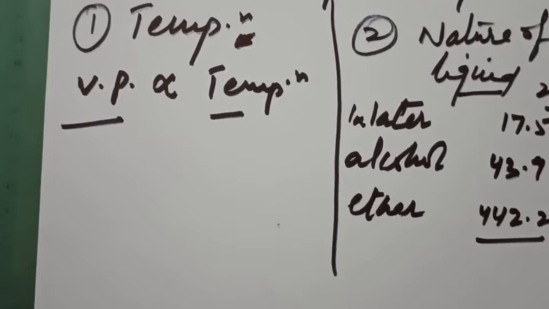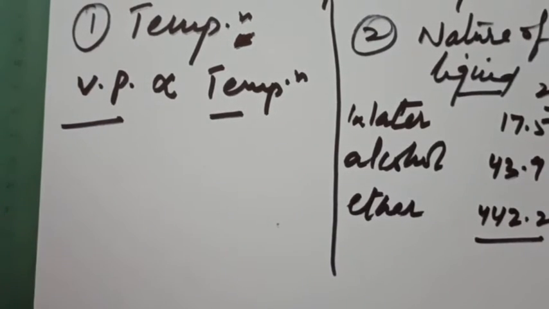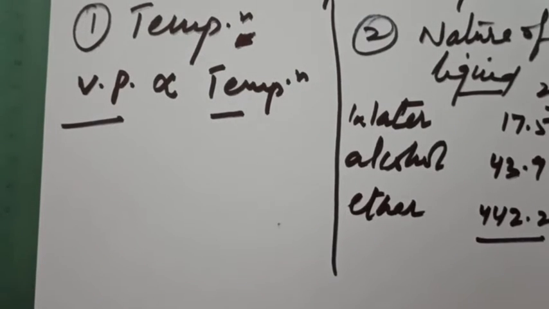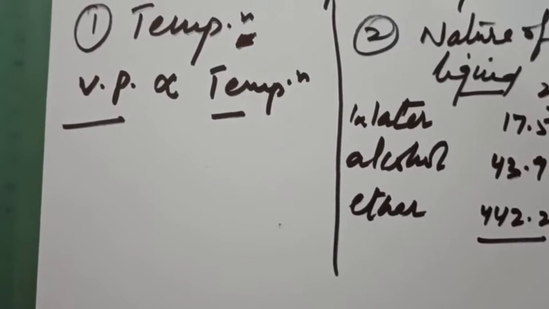Understood? So we will explain it like that: if the temperature of the liquid increases, its rate of evaporation also increases, so as a result the vapor pressure also increases.